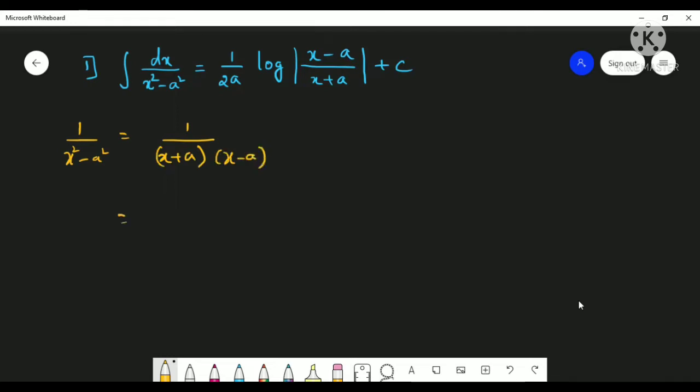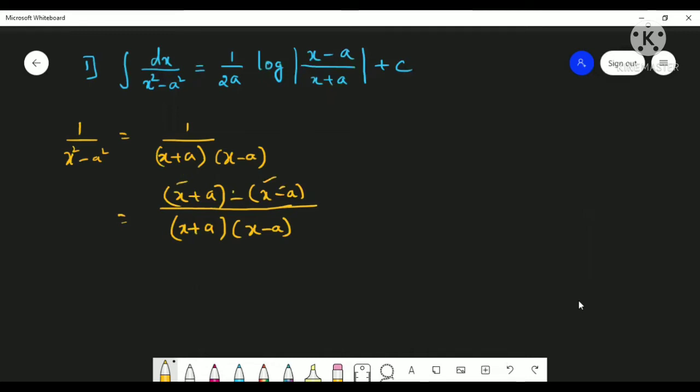Now I will arrange this. Denominator as it is, I will write x plus a into x minus a. Numerator, x plus a, I will write now minus of x minus a. Now what will happen? This minus x and this plus x get cancelled.